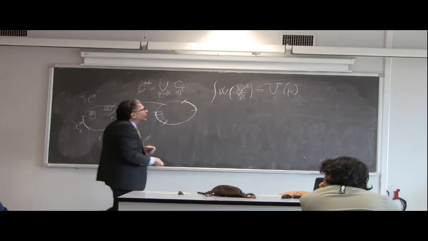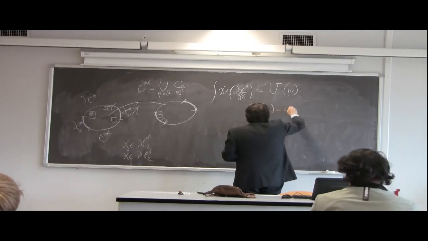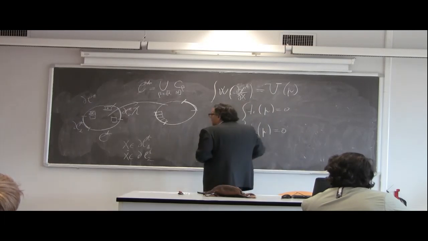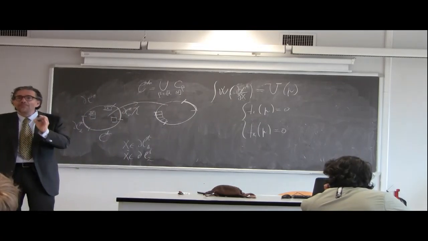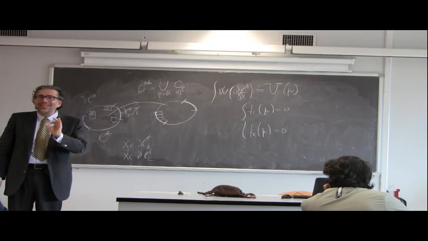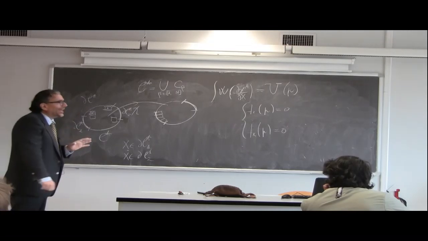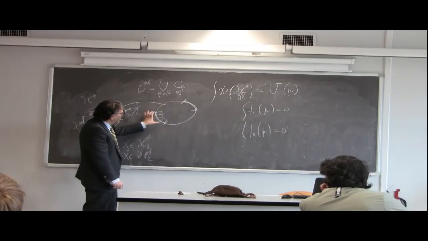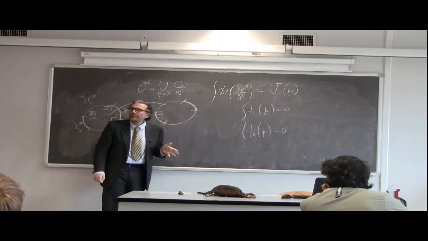So I will write f1 of p equals 0, fk of p equals 0. I will write a certain number of kinematic conditions which impose to my approximating solution that the placement here and the placement there are the given ones.